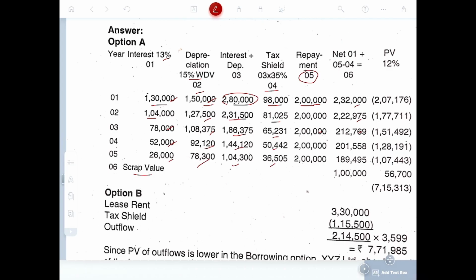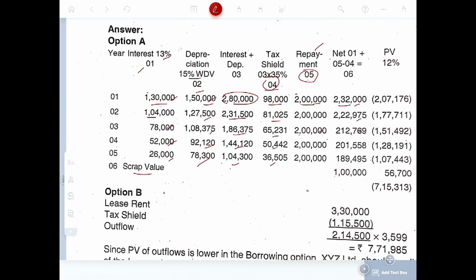Interest and depreciation, repayment is one: interest plus repayment. This is the original interest, the principal pay minus the tax shield. On the tax shield we want to pay tax, so this is the net present value.